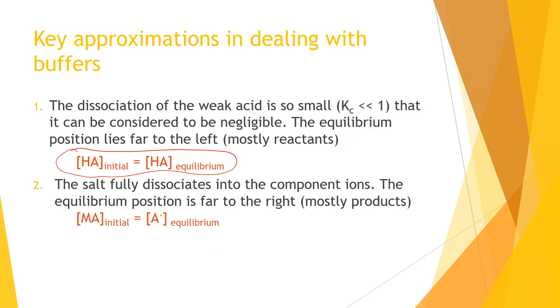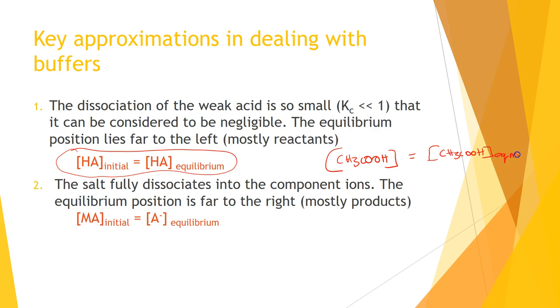So if I'm doing calculations to work out the change in pH of a buffer system using ethanoic acid, I am going to assume that the concentration of ethanoic acid at the start is going to be equal to the concentration of ethanoic acid at equilibrium. Okay, so I'm not using RICE tables, so this is accessible for SL students.